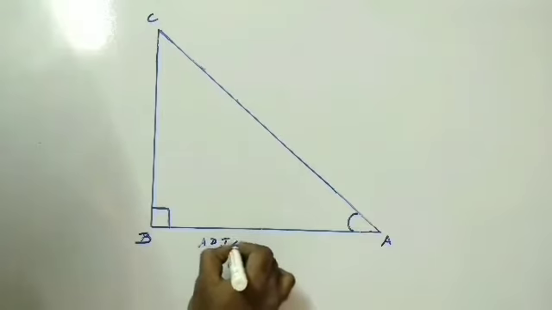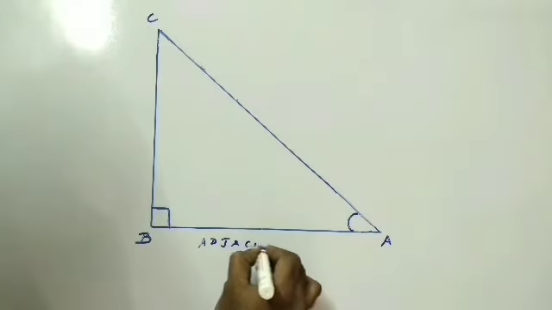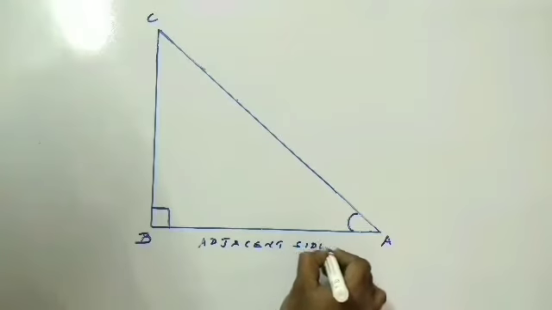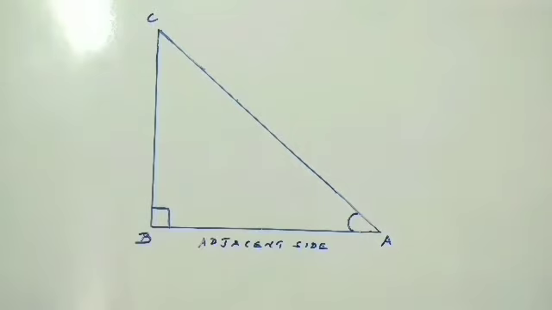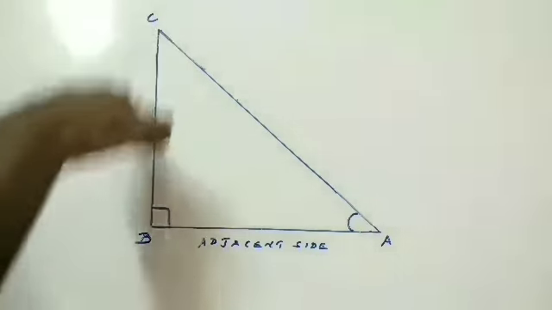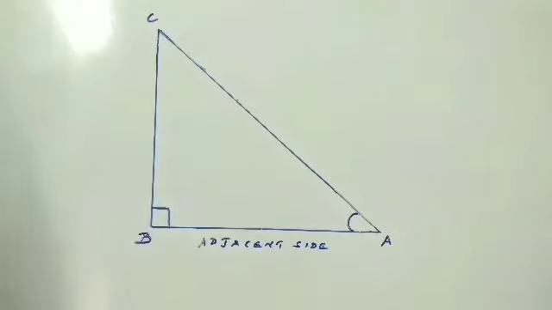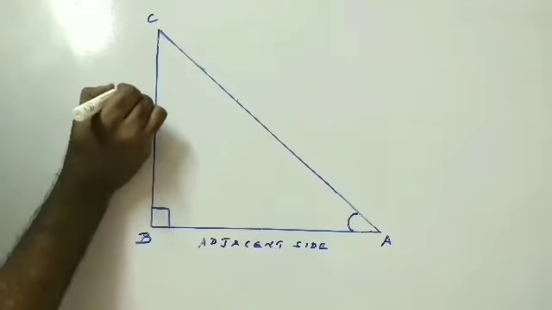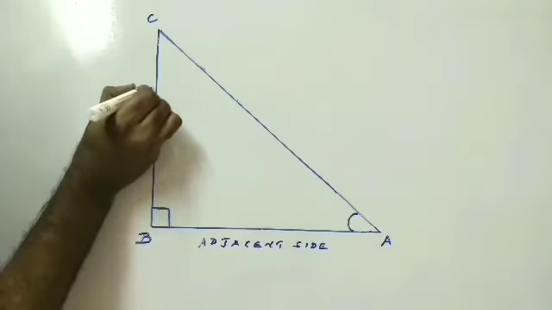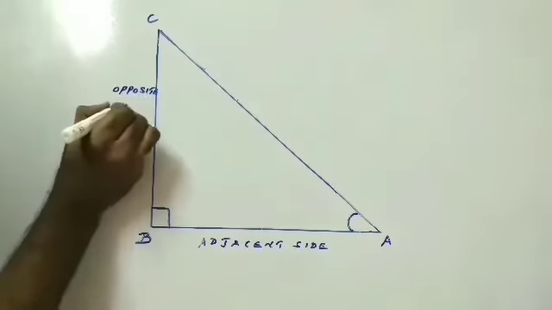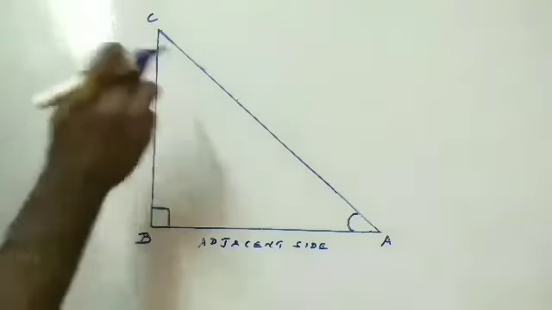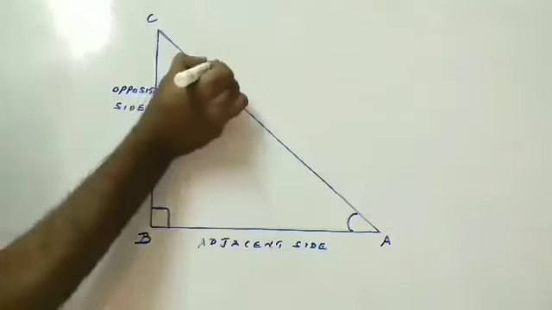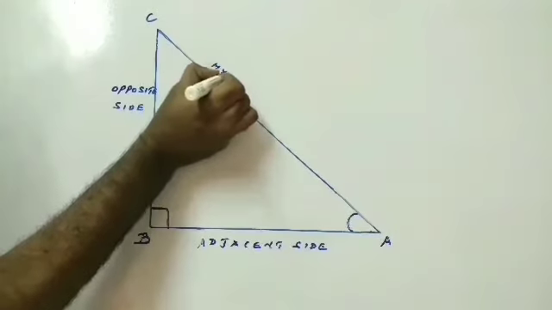So this is the adjacent side. And the vertical portion, the right angle portion line, that is BC, is called the opposite side. So you can write opposite side. Now the remaining one is the slant side CA, that is the hypotenuse side.